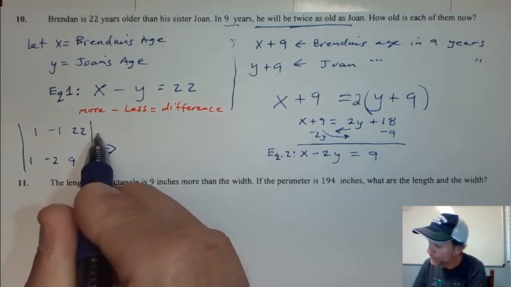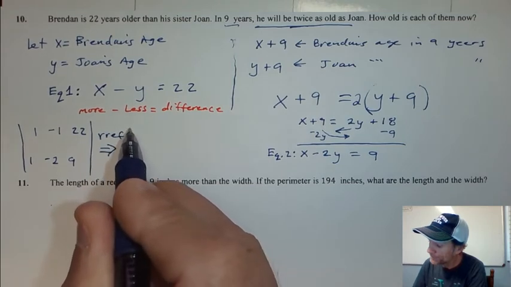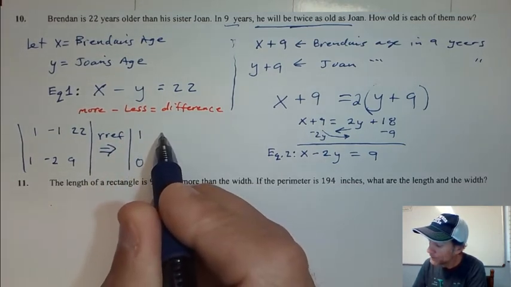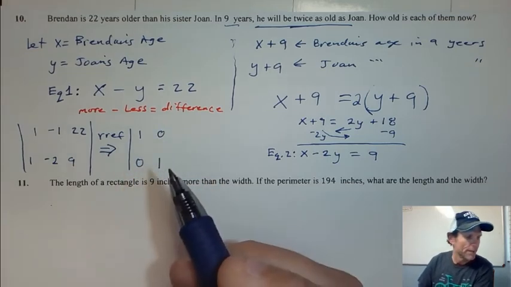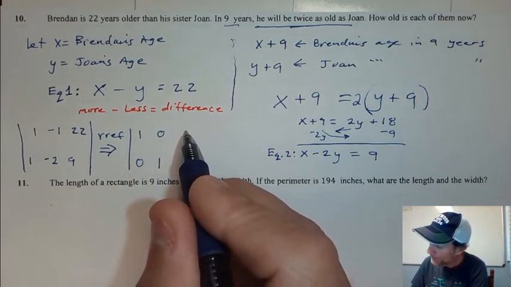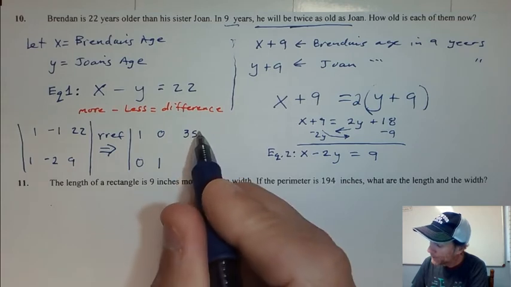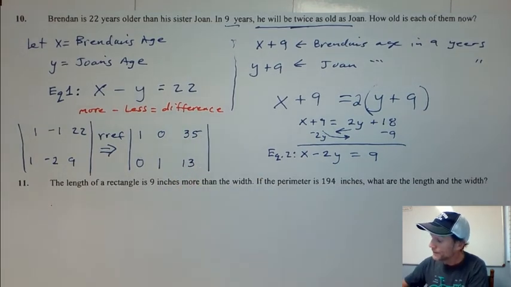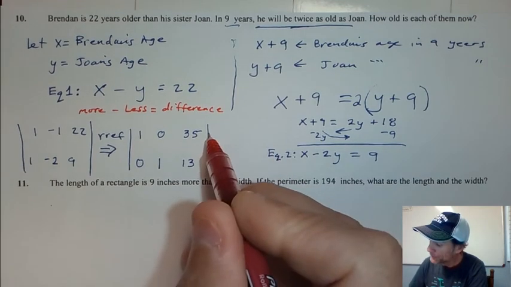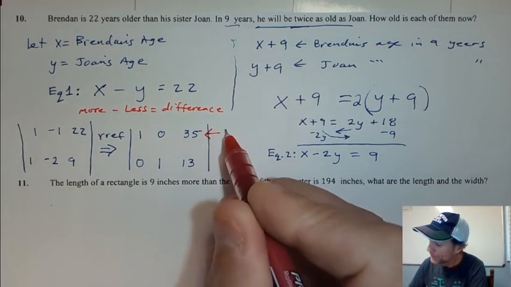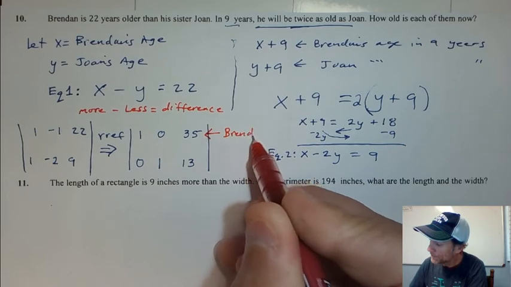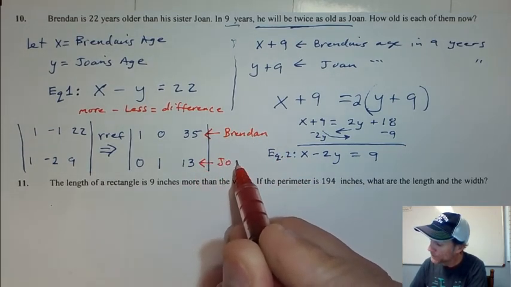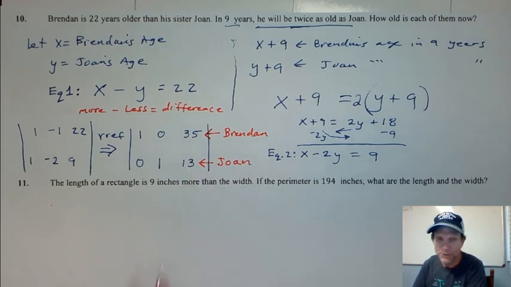Once I perform REF on this, I get 1, 0, 35, and 0, 1, 13. This is Brendan's age, and this is Joan's age. Quite a discrepancy in age there, but 22 years apart.